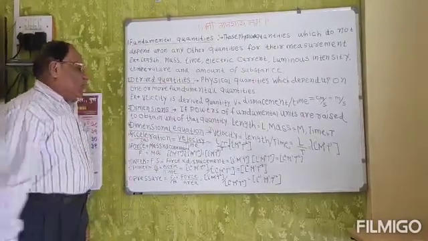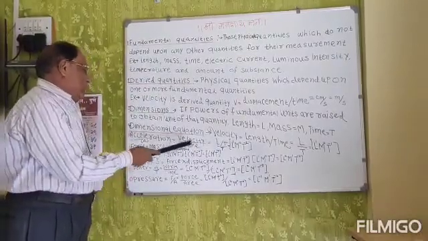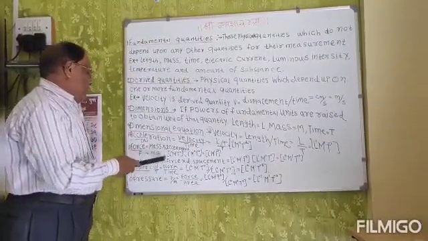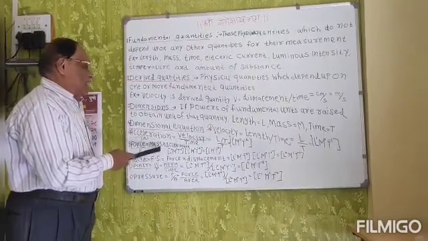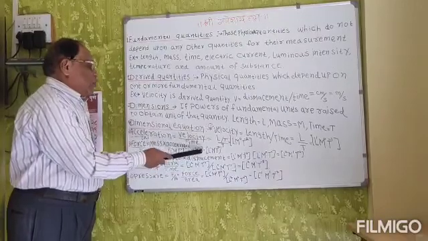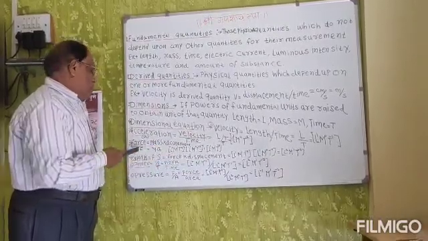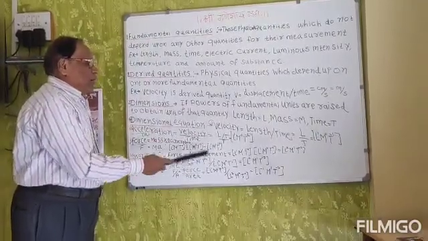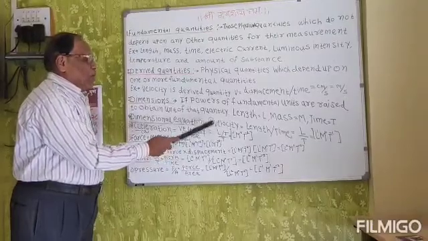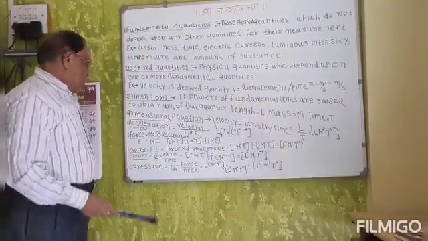So the dimensional equation of force becomes, in square bracket, length to the power 1, mass to the power 1, and time to the power minus 2.